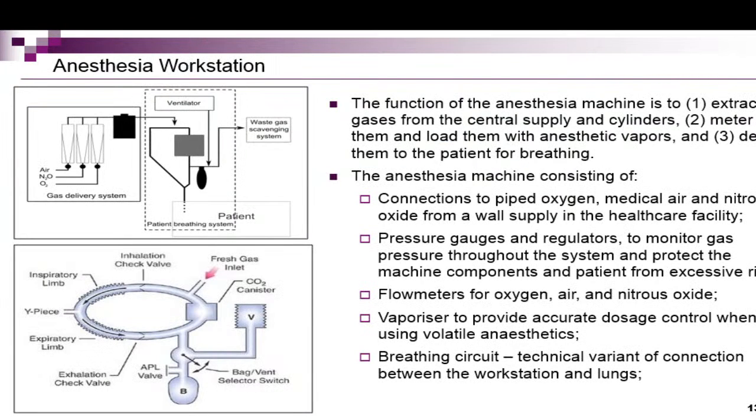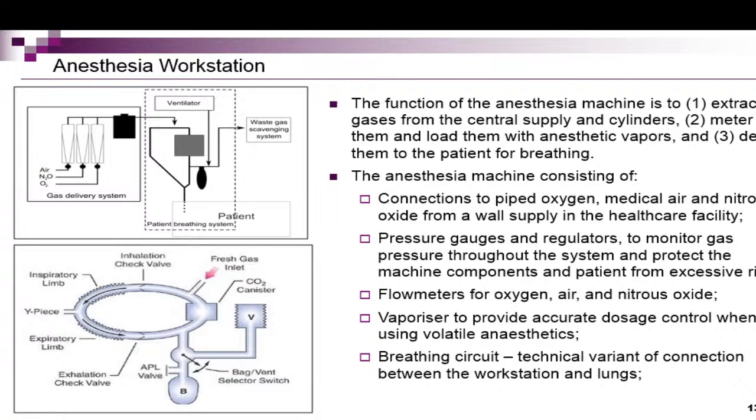For inhalation narcosis, we must use an anesthesia workstation. This is a combination of devices and machines, electric and ventilators, for supplying of lungs with gases obtained from pipes or from cylinders or from vaporizers.